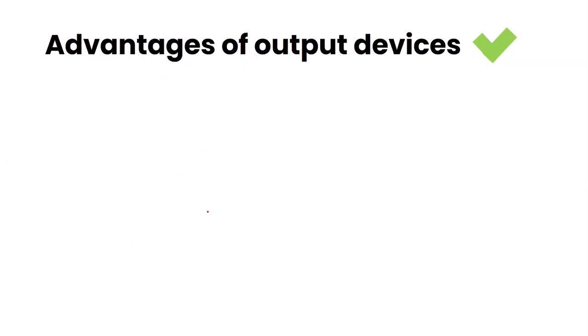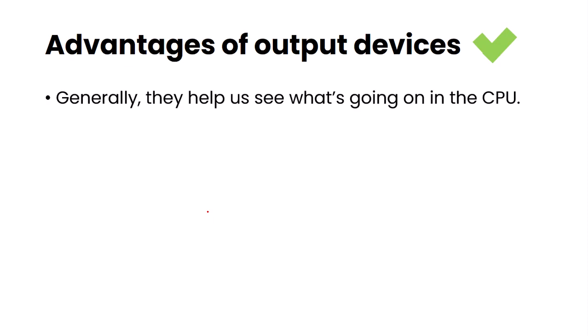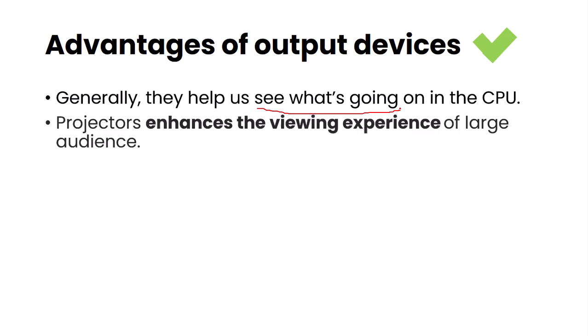Now, what are some of the advantages of output devices? Why do we have to use output devices? The first one is, in general terms, they help us to see what's going on in the CPU. To be able to know what's going on in the CPU, we have to get an output device.